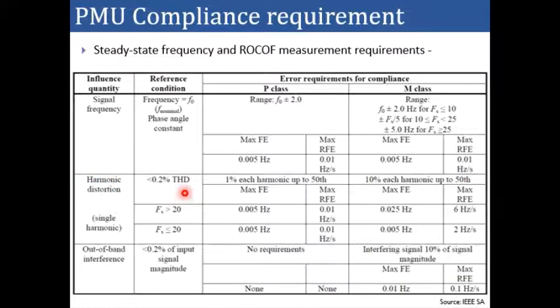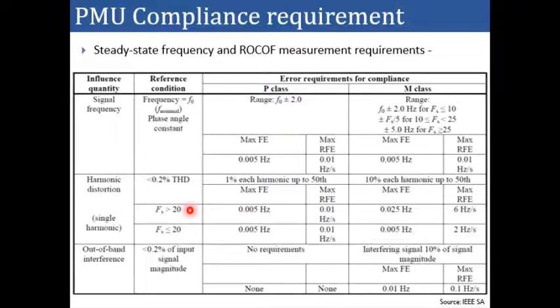For the harmonic distortion case, if THD is less than 0.2%, in that case the frequency error is 0.005 Hz for frame reporting rate more than 20, and for frame reporting rate less than 20, still it is 0.005 Hz.